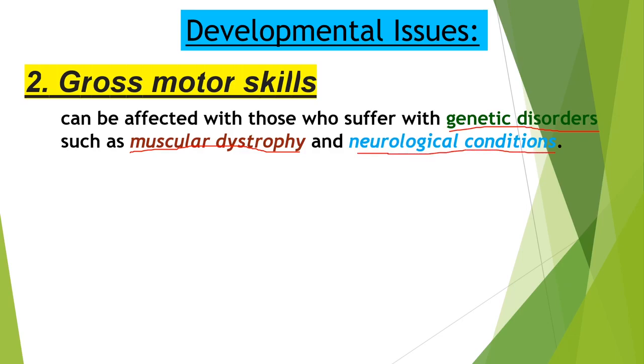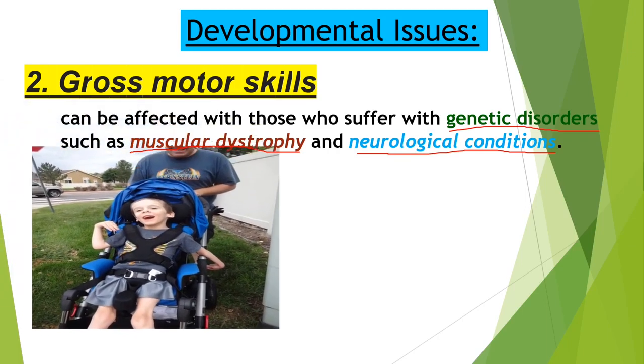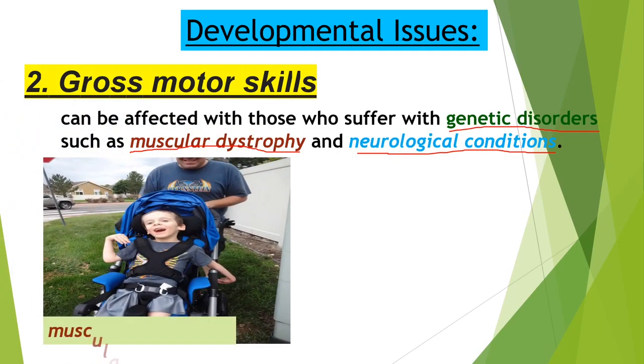Okay, let's try to see these pictures. This is muscular dystrophy. Muscular dystrophy is a group of muscle diseases that results in increasing weakening and breakdown of skeletal muscles over time.